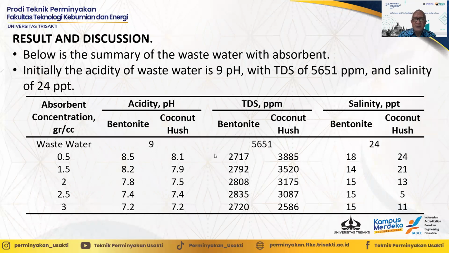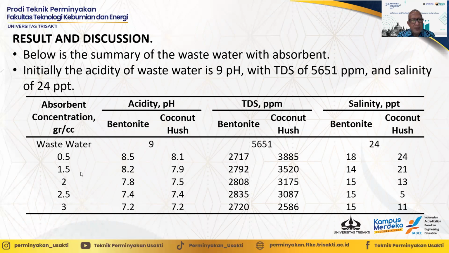And then the result and discussion. Below is the summary of the wastewater with adsorbent. The wastewater itself has a pH of 9, a total dissolved solid of 5,750 part per million, and a salinity of 24 part per thousand.